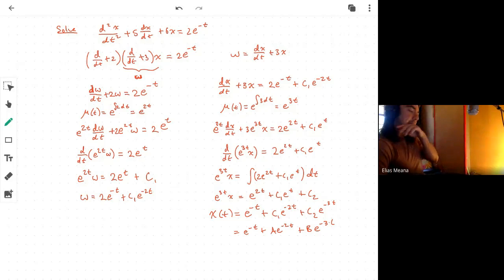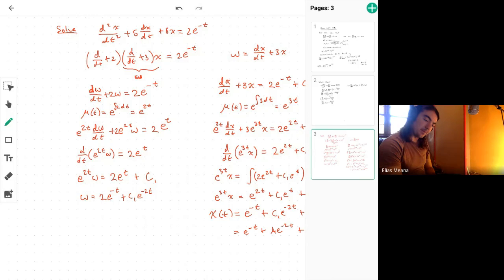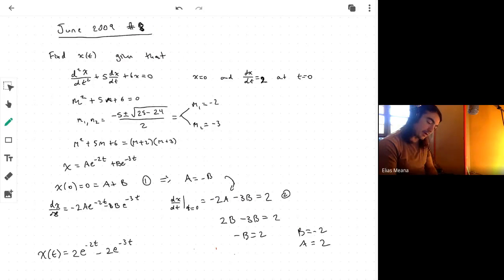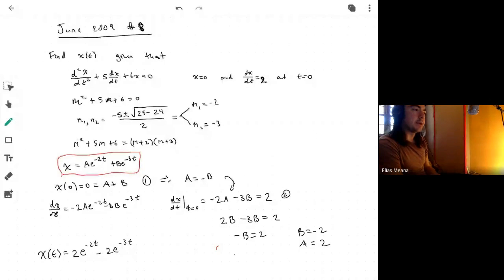Here's a really interesting thing. This is actually two solutions that have been added together. What do I mean by that? Well, if you look back at the previous version of this problem that we did, our general solution, ignoring the particular solution, was this thing right here in the box: a e to the minus 2t plus b e to the minus 3t.